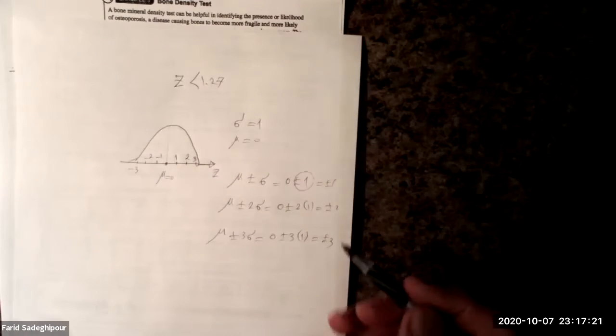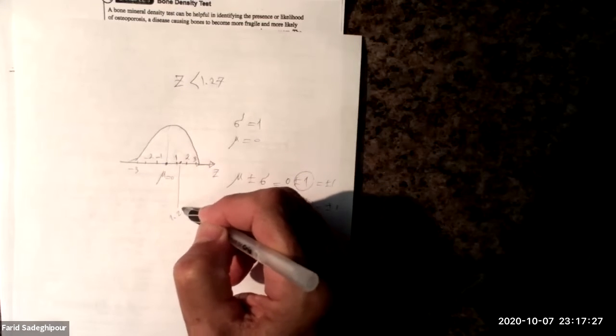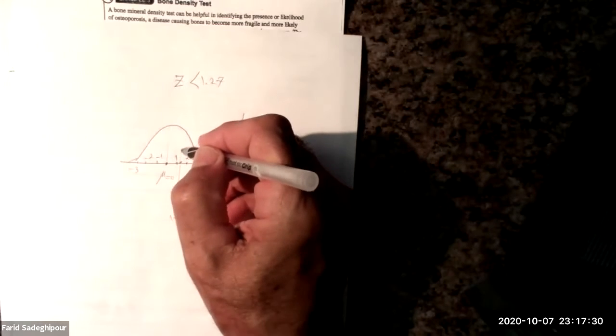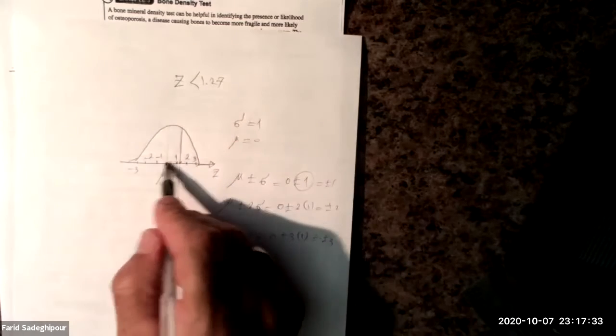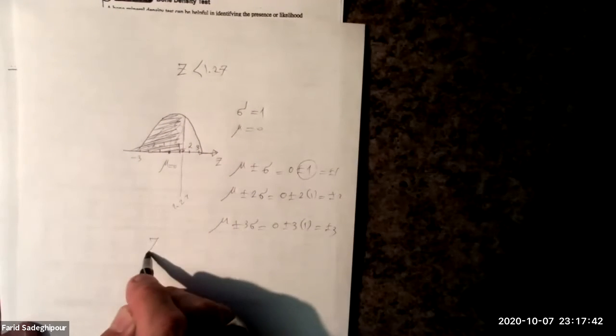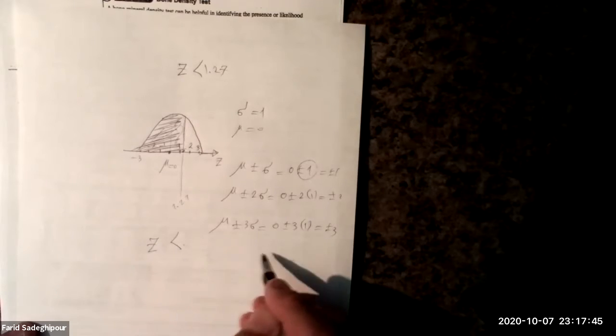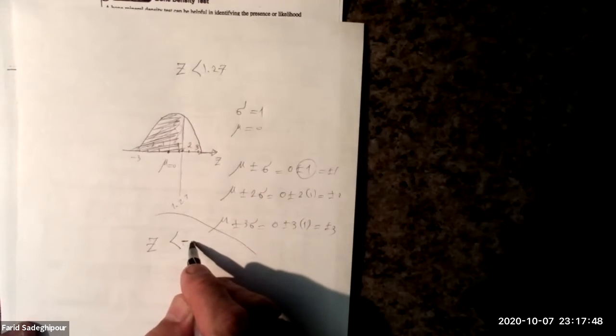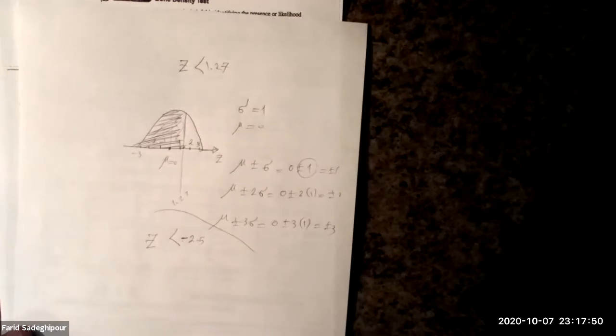So when we ask you to find the probability of Z less than 1.27, and this is Z, right? It doesn't have to be exact, but 1.27, let's say somewhere here. This is 1.27. Less than that means from here to the left. They want us to find this area. Let's say we say find Z less than minus 2.5, something like that.